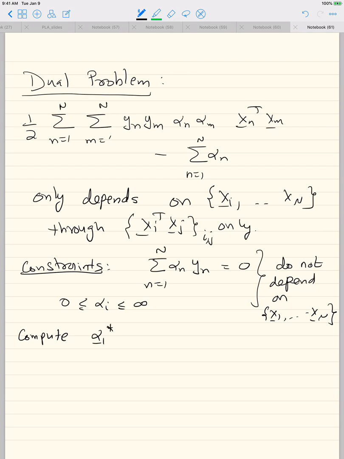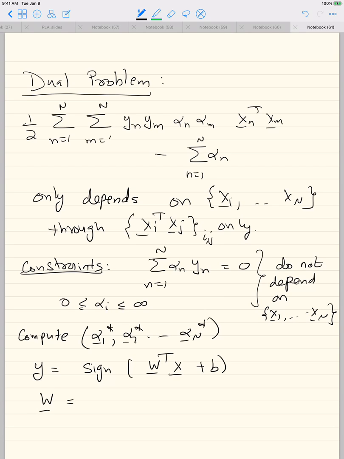alpha star, the optimal solution. Once you have computed the optimal solution, your decision rule is of the form y equals sign of w transpose x plus b.